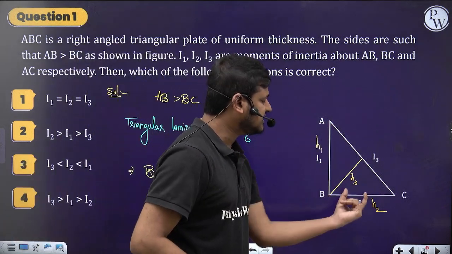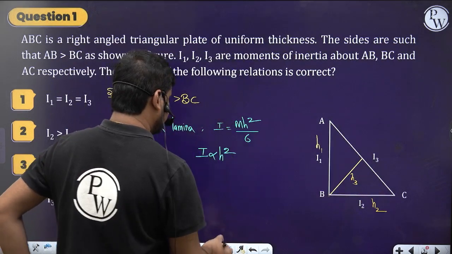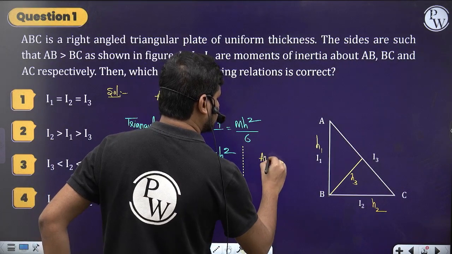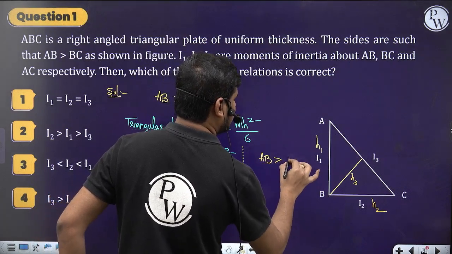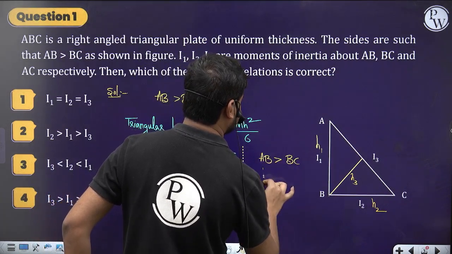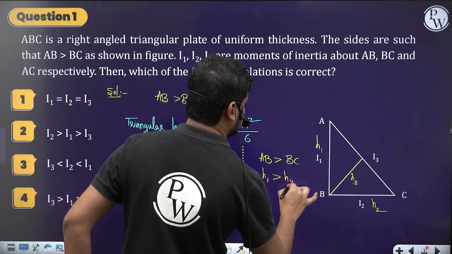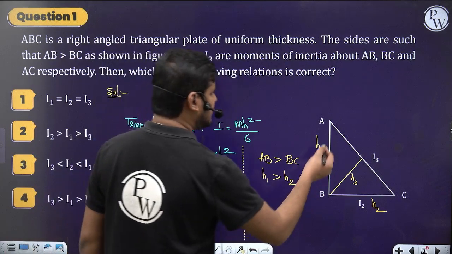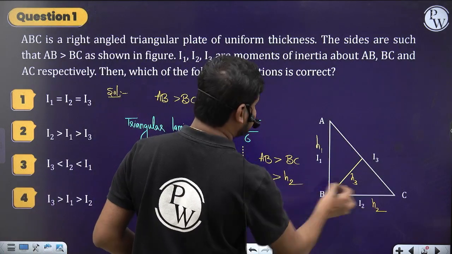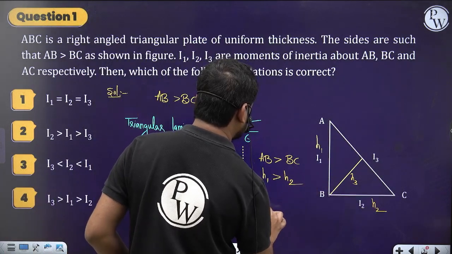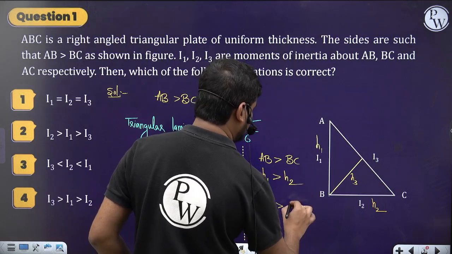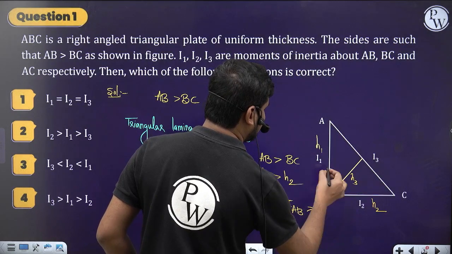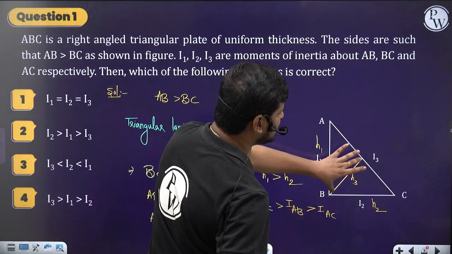AB height is greater than BC, so I am writing AB is greater than BC, which means H1 is greater than H2. So we can write the moment of inertia about BC will be high, greater than the moment of inertia about AB, then the moment of inertia about AC, because AC will be the smallest height.